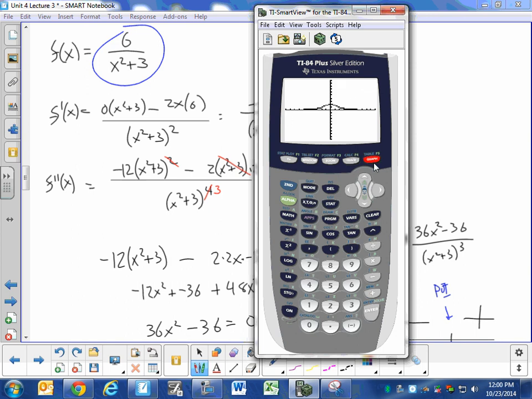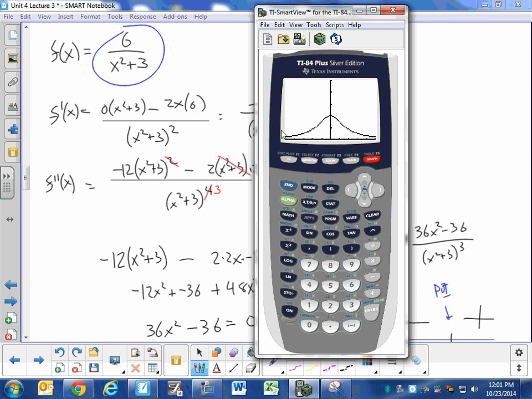So at 1, it looks like we're going from something that's concave up to something that's concave down, and then back to something that's concave up. I can kind of zoom in, set my window to see that. Maybe let's go from -5 to 5, and let's go from 0 to 5. I think that'll fit things in there.